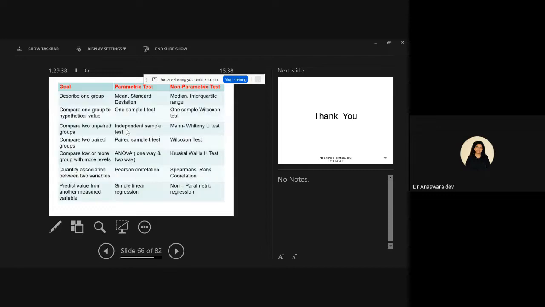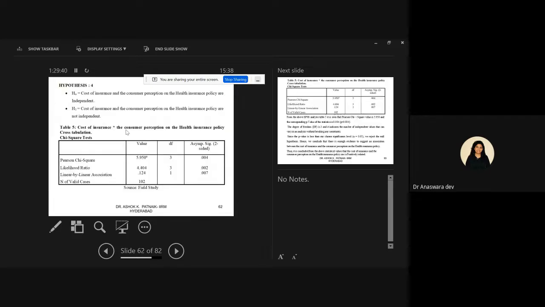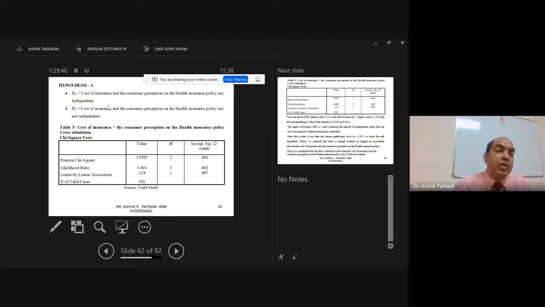To know in relation with probability, we have to do some other test, an F test and a t-test. The F test and t-test will not link with the hypothesis. That will not decide whether the hypothesis is to be accepted or not. I have done the chi-square test here. If you can see this one, this is the chi-square test.